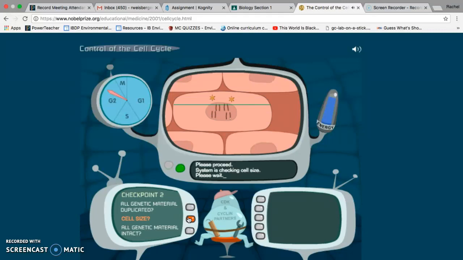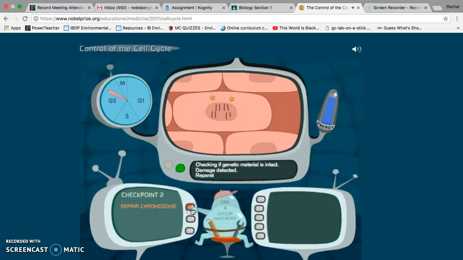Okay, so continuing to scan. And then, is all the genetic material intact? So it's not damaged, not falling apart. If we look here, there's actually damage on one piece of the genetic information.